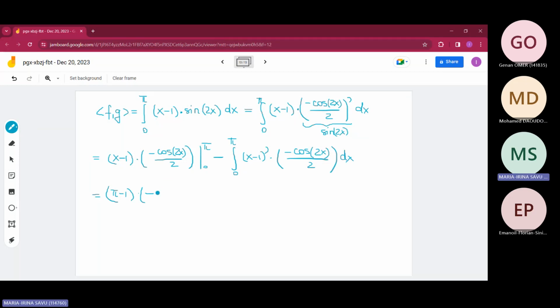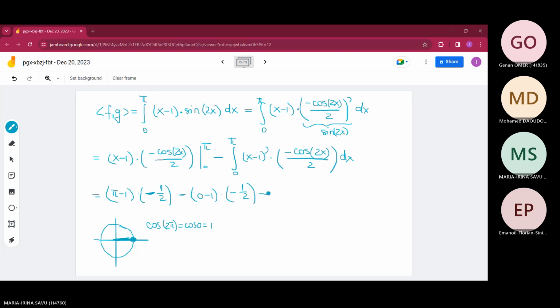Cosine of 2 pi is 1, cosine of 0 is 1. This is plus the integral of cosine, which is sine.